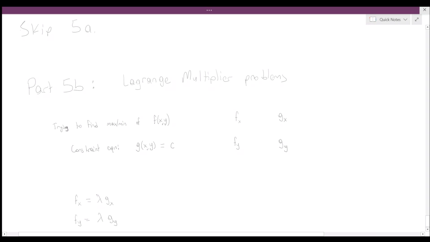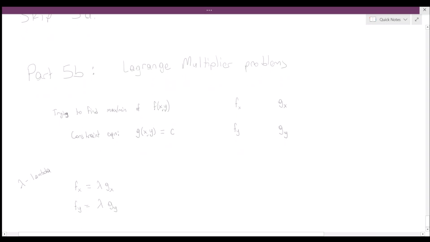And this multiple here is a Greek letter, which is pronounced lambda. This is what they refer to as the Lagrange multiplier. Okay. Now for you guys though, you don't need to worry too much about this part actually.